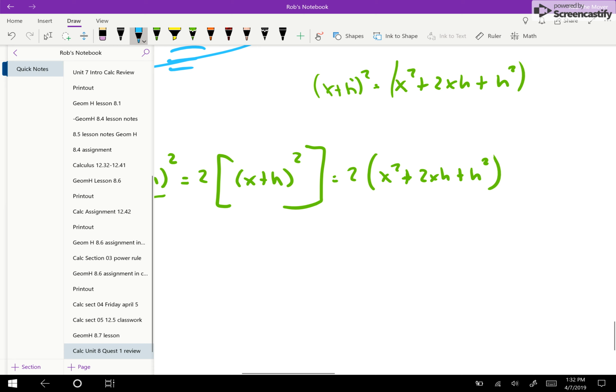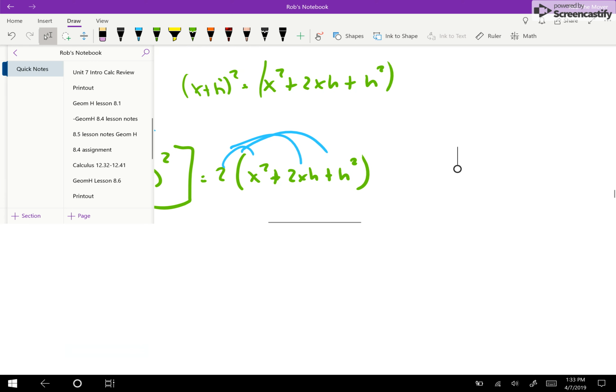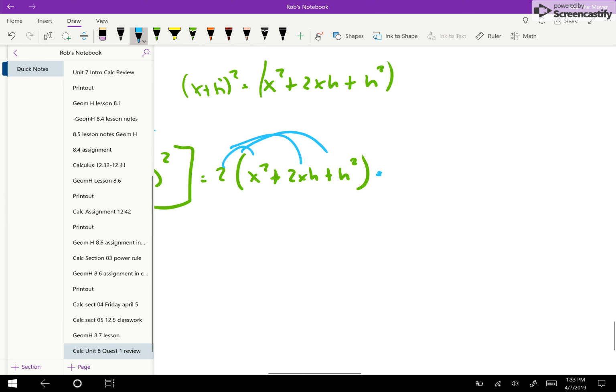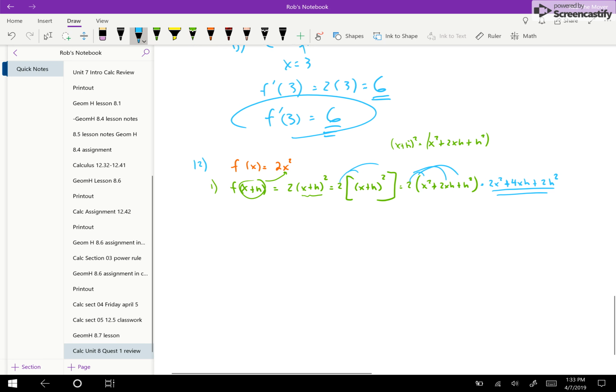But the key to this problem is distributing this through everything there. There's all three terms. So this is 2x squared plus 4xh plus 2h squared. Okay, that's the end of my first line. That's the hardest part of this problem. The rest is simplifying.